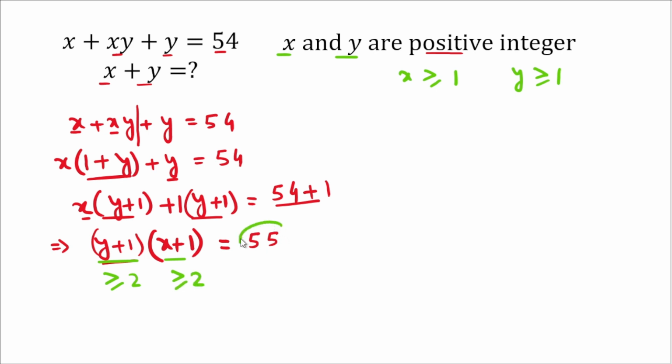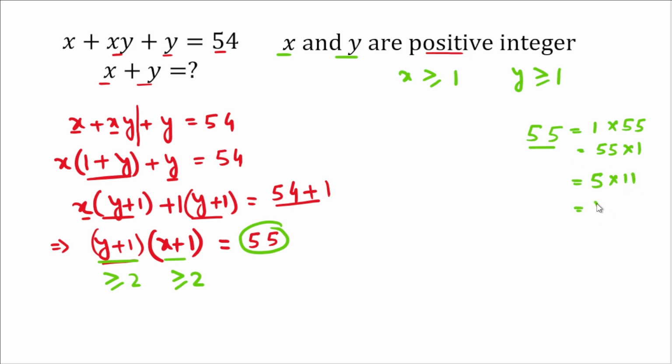Now on the right hand side we have 55, and we'll factor it. The factors of 55 are 1 multiplied by 55, 55 multiplied by 1, and 5 multiplied by 11, which is also 55.